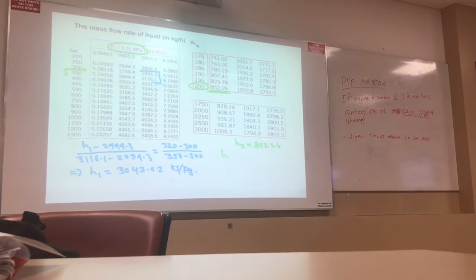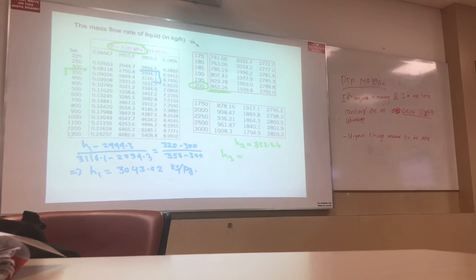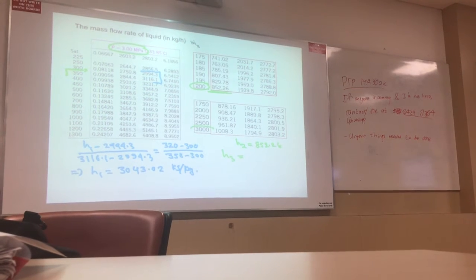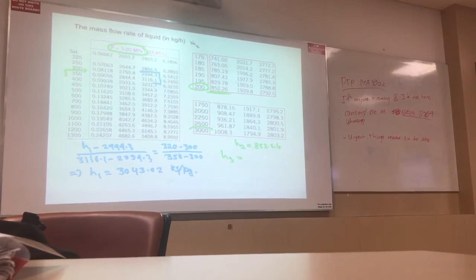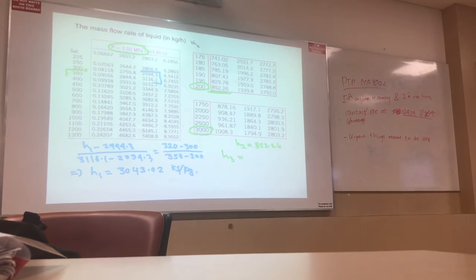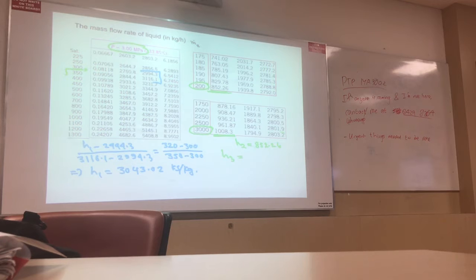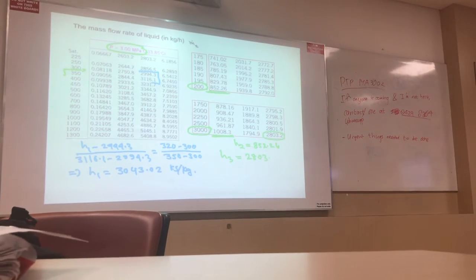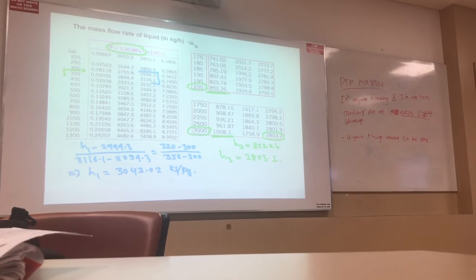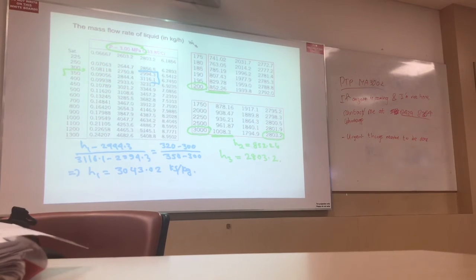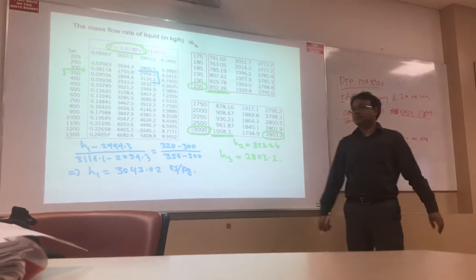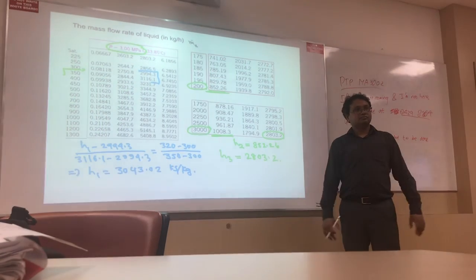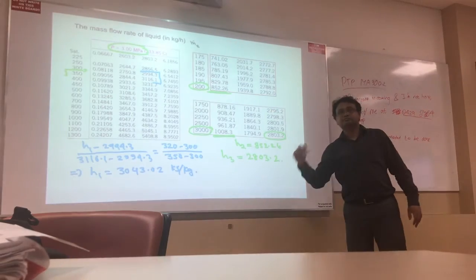What is h3? hg with respect to 2 megapascal or 2000 kilopascal, which is this value. This is hf, this is hg, 2803.2. So now you have to substitute the numbers, then you can get the answer. So you can take this data.